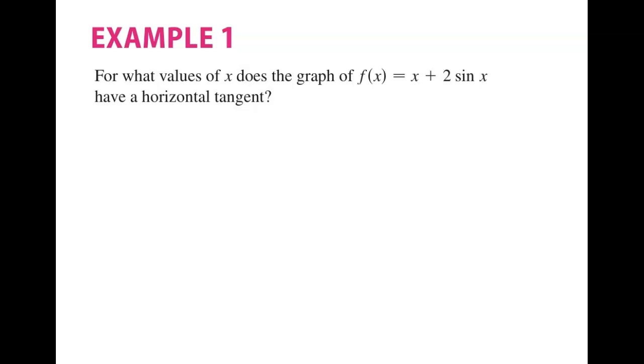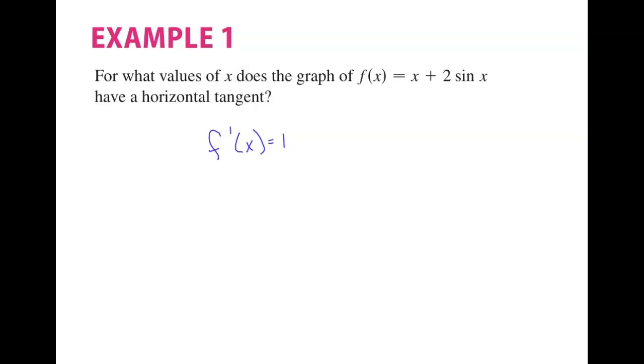For what values of x does the graph of f of x equals x plus 2 sine x have a horizontal tangent? Well, we know that when we're talking about tangents, we're talking about derivatives. So the first thing we want to do is take the derivative. So f prime would then be, we know the derivative of x is just 1.